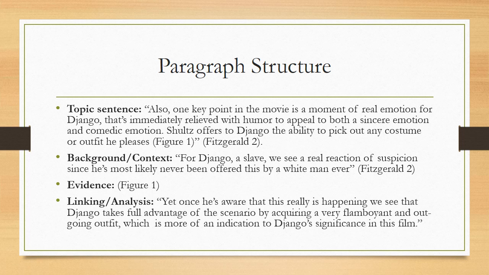So the student's point is lots of movies throughout history have portrayed African Americans, especially during the time of slavery, in stereotypical, condescending ways. And instead of doing that, this film challenges those stereotypes by making Django this prominent, important, complex, dynamic character. Him wearing this flamboyant outfit that draws attention to itself emphasizes that idea. And so you've got a clear connection between the image, the evidence, and the idea the student's presenting.